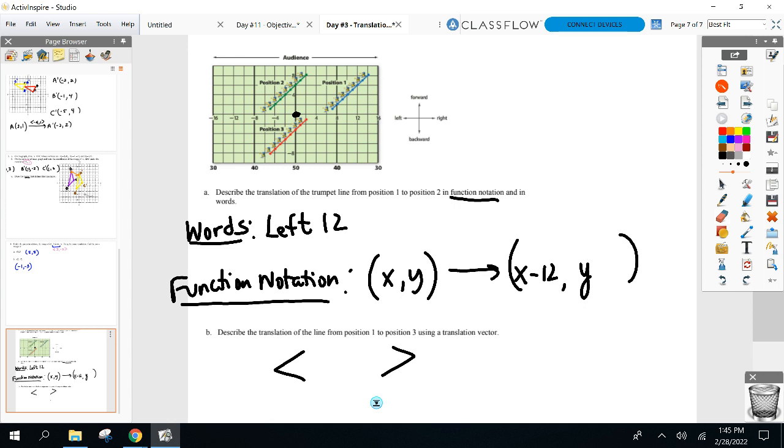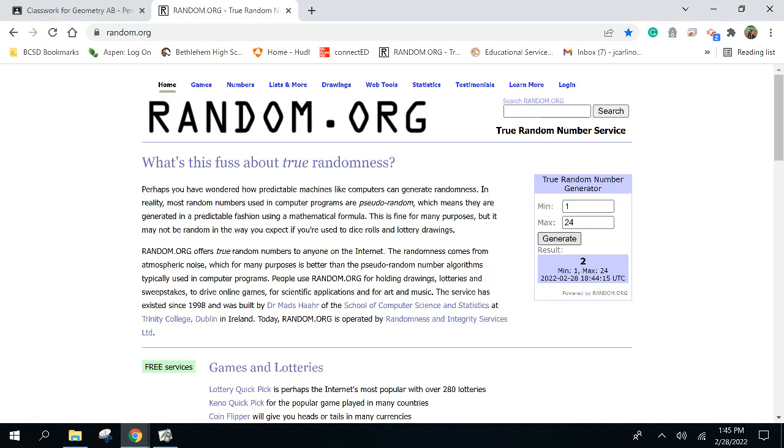If you want to write it in words first and then write the notation, that's a good idea too. All right, what do you got? How do I get from position 1 to position 3?